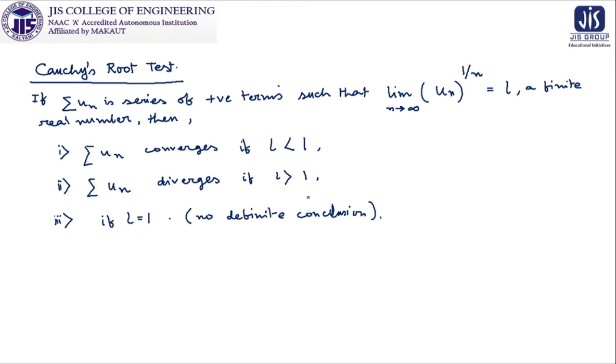So first of all, we need to test one example for the root test. The problem is stated like this. We have to check the convergence of the series given as summation n runs from 1 to infinity, (1 plus 1 by root over n) whole to the power minus n to the power 3 by 2.